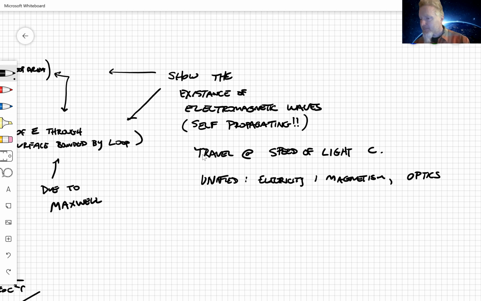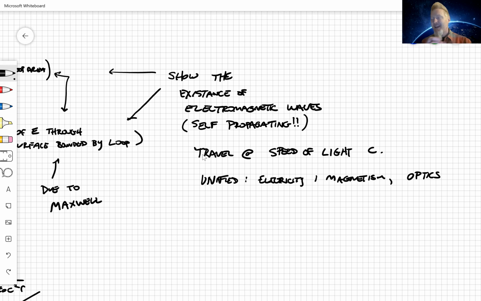I'm going to read you this quote from Maxwell's paper that introduced these equations that he wrote to the Royal Society. Maxwell said, and I quote, "We can scarcely avoid the inference that light consists in the transverse undulations of the same medium, which is the cause of electric and magnetic phenomena." End of quote.